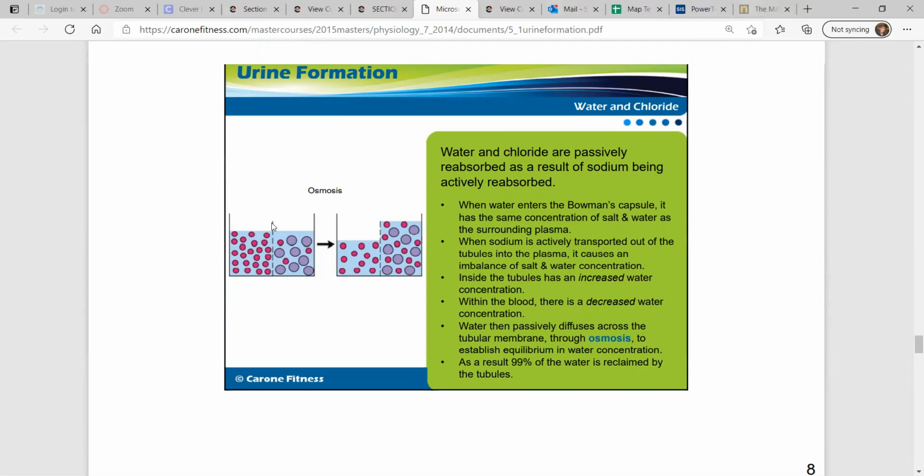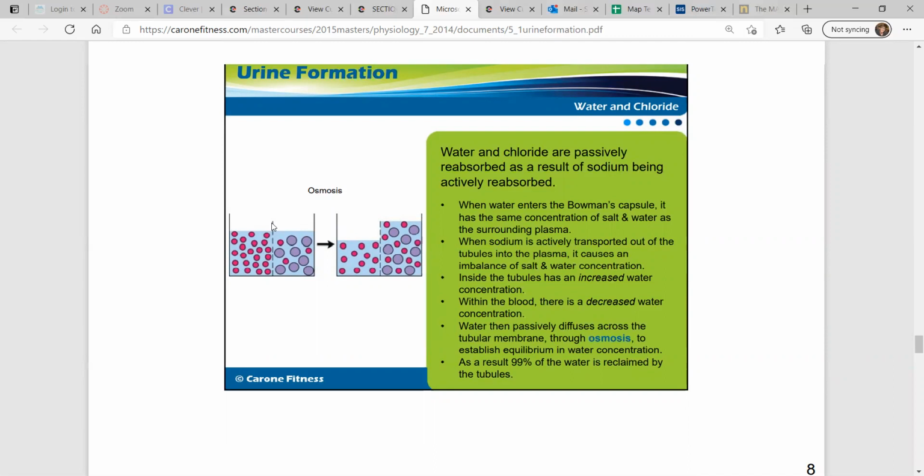When sodium is actively transported out of the tubules into the plasma, it causes an imbalance of salt and water concentration. So inside the tubules has an increased water concentration, and within the blood, there is a decreased water concentration.